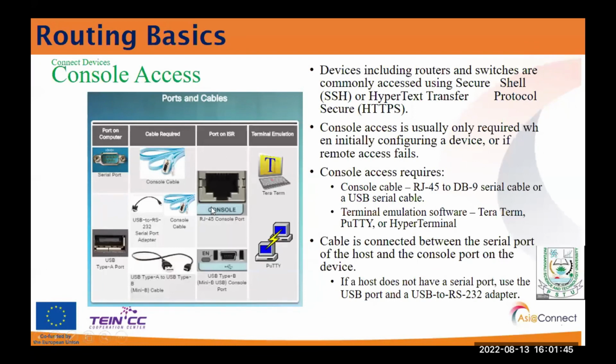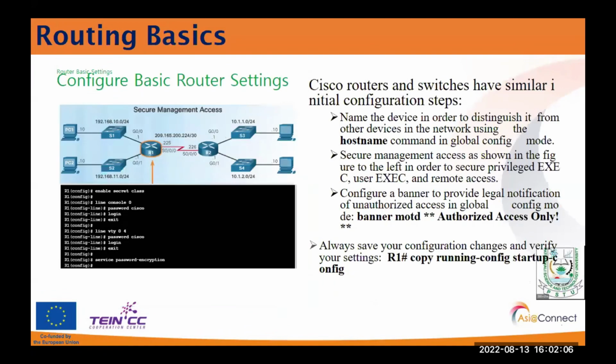If the device has any problem or you need to configure it initially, then you need to use this type of ports and cables, and also the emulation software, for initial configuration or if the device has failed. So this is also some basics about router configuration.